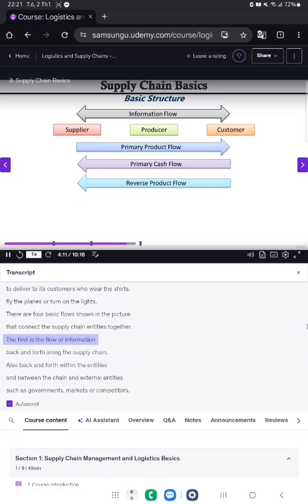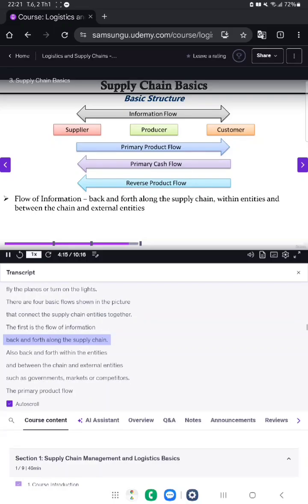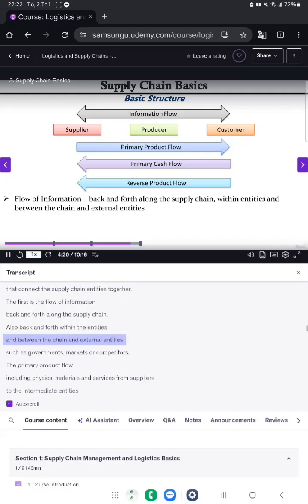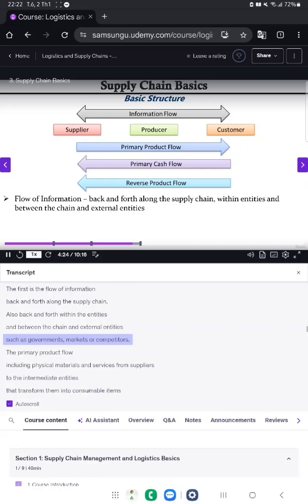The first is the flow of information back and forth along the supply chain. Also, back and forth within the entities and between the chain and external entities, such as governments, markets, or competitors.